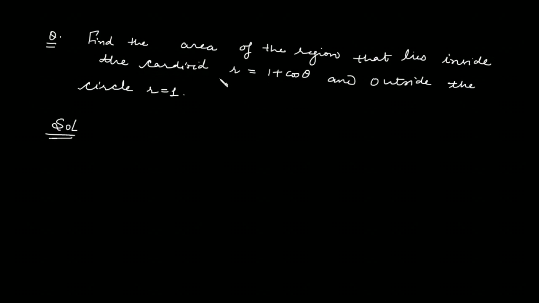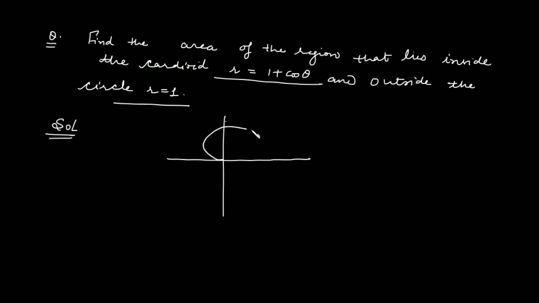First of all, we sketch the region r is equal to 1 plus cos theta and r is equal to 1. Since this is symmetrical to the x-axis only, the graph of this is this one. So this is the graph of r is equal to 1 plus cos theta.